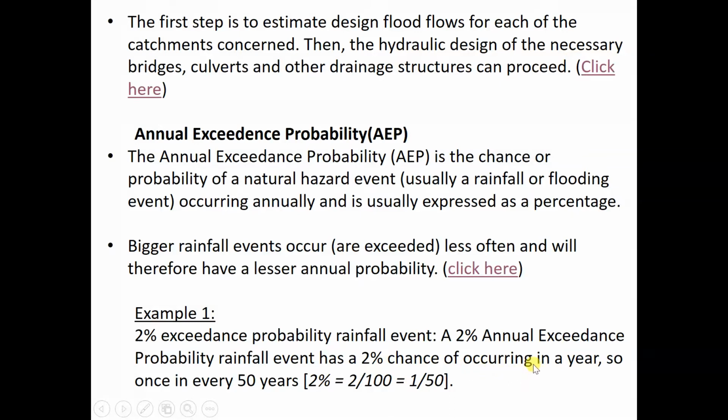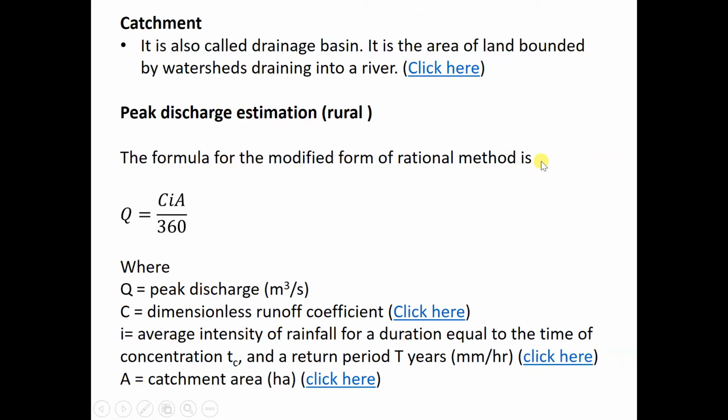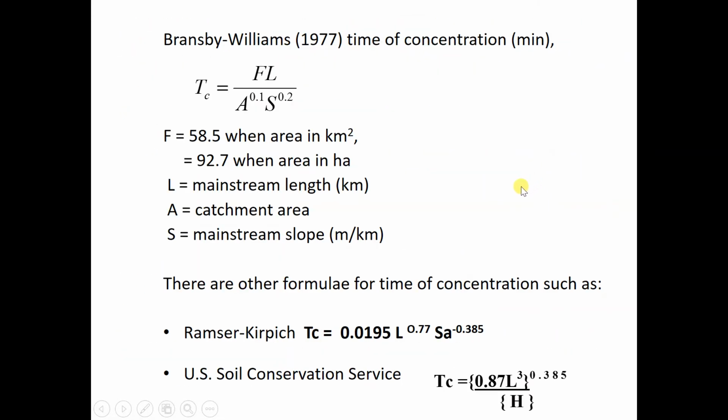So in a year there is a 2% chance of it happening. When we transform that to once in how many years, which we call ARI, annual recurrence interval, I think we mentioned it in other places. Return years, okay, just return years, which I think we put somewhere else.